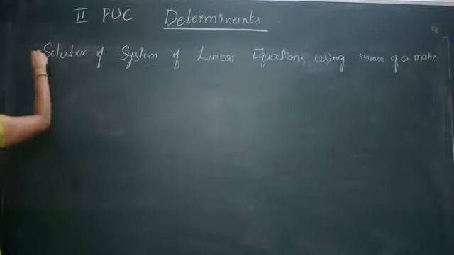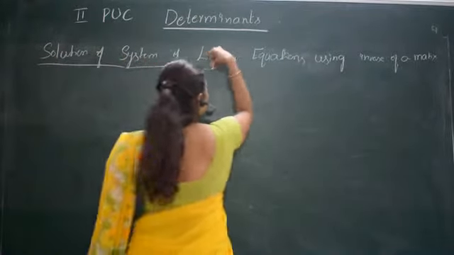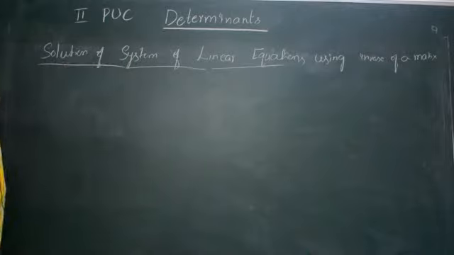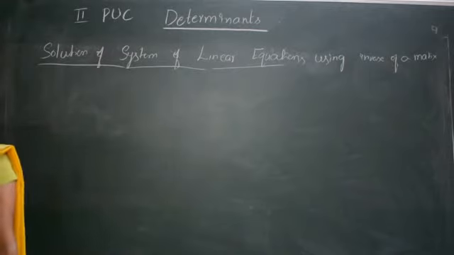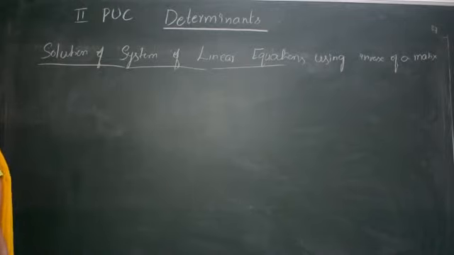So this we are going to study now. We find the solution of a linear system of equations by finding the inverse of a matrix. We know how to find the inverse of a matrix. By finding the inverse of a matrix, how do we find the solution of a system of equations?